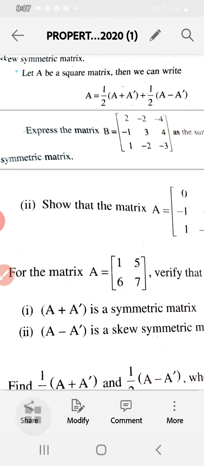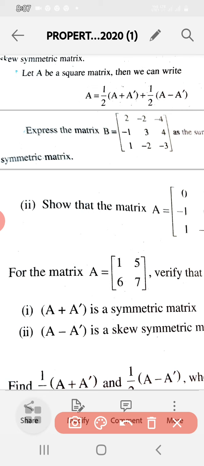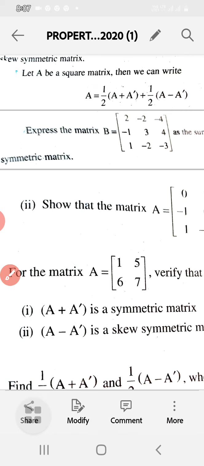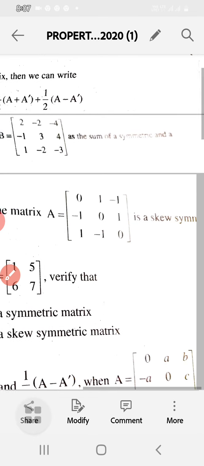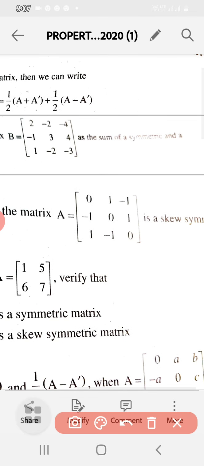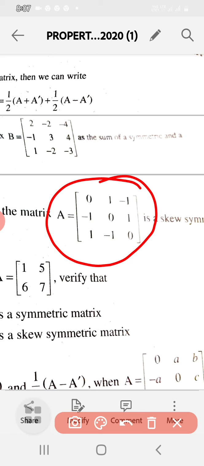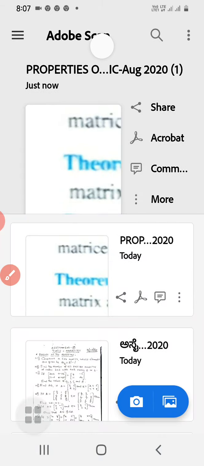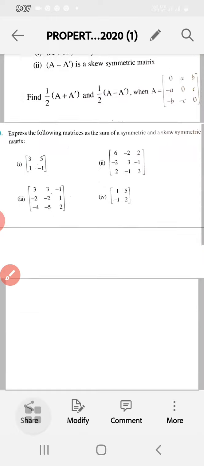Next, let us consider this problem. The problem says: show that this matrix is a skew symmetric matrix. Let us consider that as the second one.